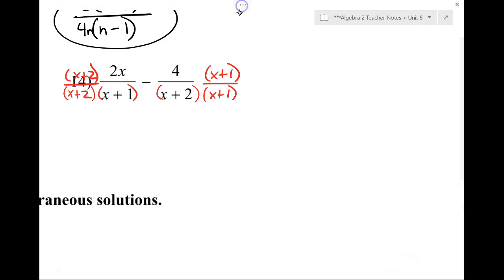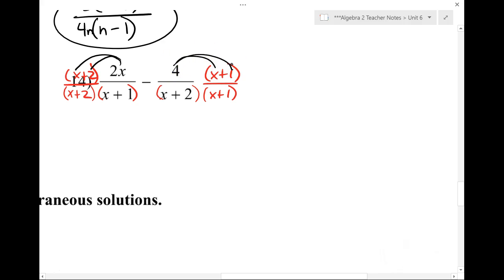And like I told you before, just leave the denominator factored out in case we can factor out a GCF or a factor in the next step. But the numerator, go ahead and multiply those and distribute them. Okay, so I'm going to distribute this 2x to that binomial and this 4 to this binomial.